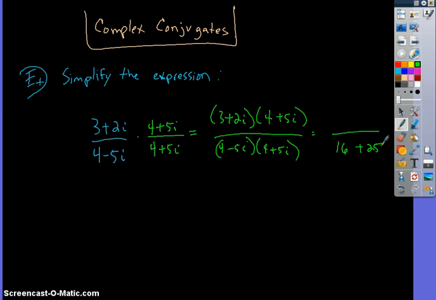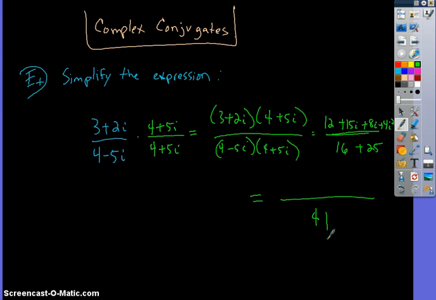In the numerator, it should wind up being 12 plus 15i plus 8i plus 10i squared.